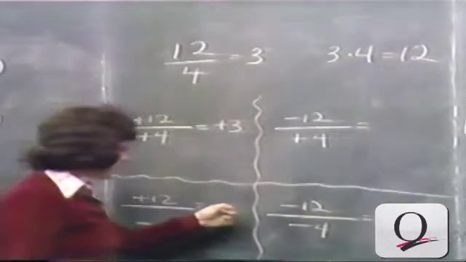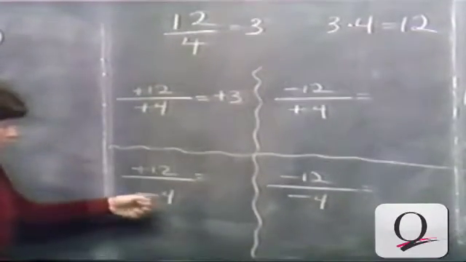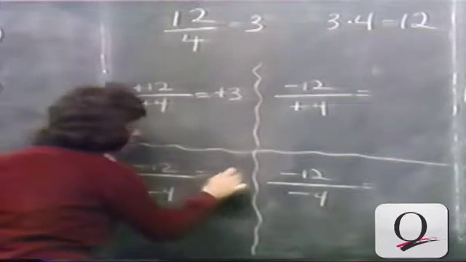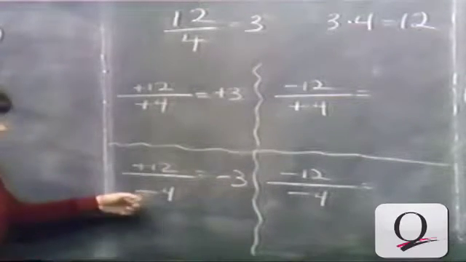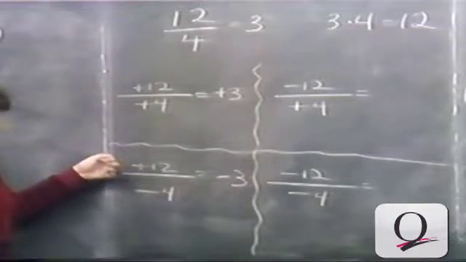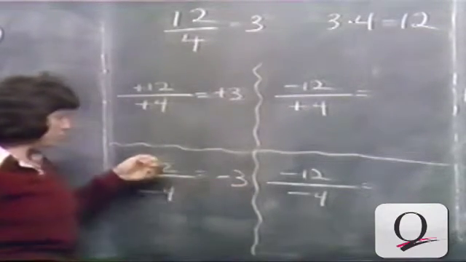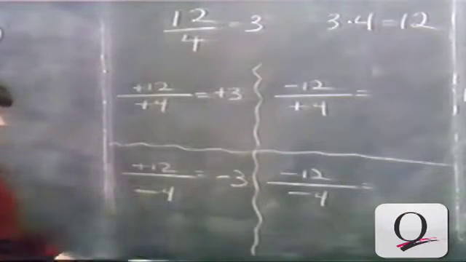Now we want to figure out what should go in here. Whatever it is, when multiplied by minus 4, must give you plus 12. Well, then the answer has to be minus 3, because minus 3 times minus 4 would give you plus 12. Minus 3 times minus 4, 3 times 4 gives you 12. A negative times a negative, like signs, gives you a positive answer.